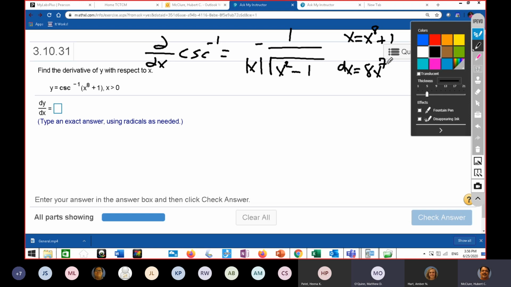And basically plug and chug. Remember, this is in parentheses. I'm going to use translucent. There's my parentheses. Perfect. Still sucks. I'm going to use disappearing.